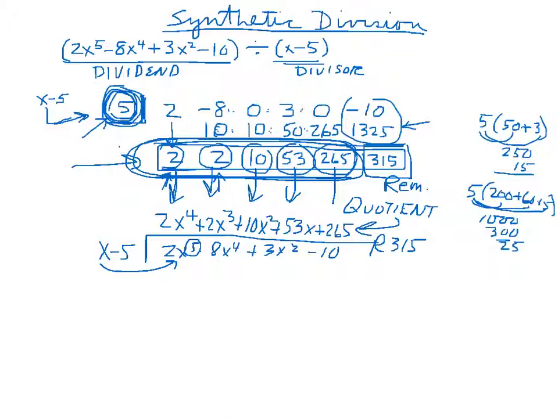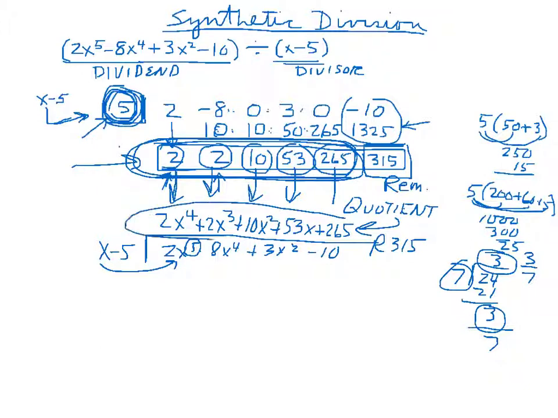Now remember when you do things like 7 goes into 24, 3 times 7 is 21, subtract, you get a 3. This means your answer is 3 3/7. You put the remainder 3 over the divisor 7 to get that fraction. Well, in algebra it's the same thing.